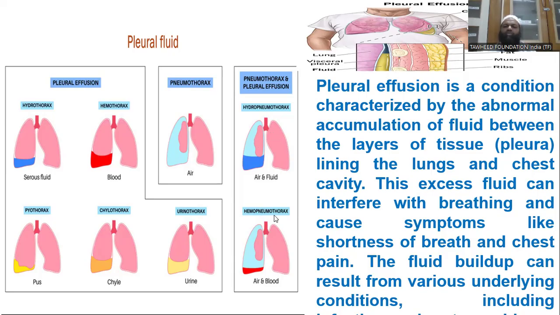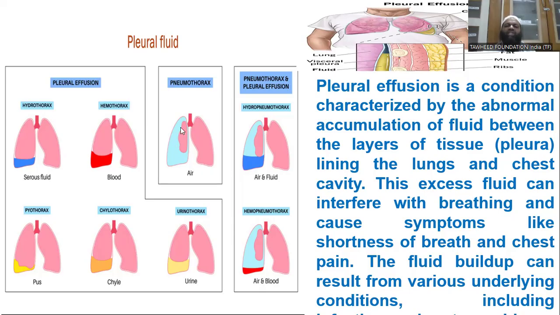If you see pneumothorax, blood is there and air is also there. These are the abnormal forms of lungs. In pneumothorax, one lung is okay, but one lung has ruptured, and the air is filled here totally.